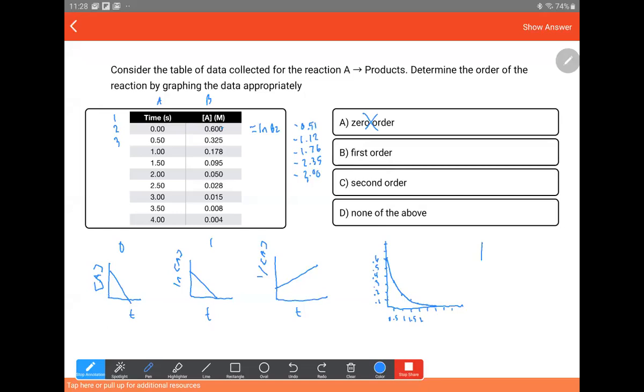Okay, so let's try that. See if we can tell. We still have every half second. We'll do one more. 0, negative 1, negative 2, negative 3.